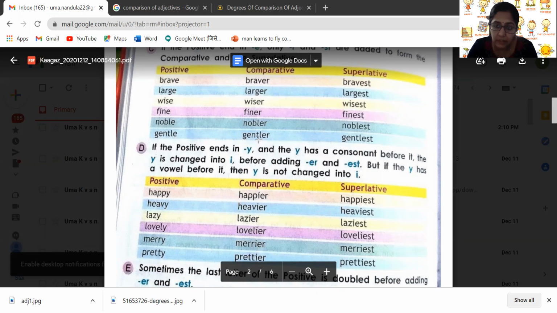This is the next category. Then what are the other adjectives? Because, children, if you learn the adjectives in positive, comparative and superlative, we can make different kinds of sentences.